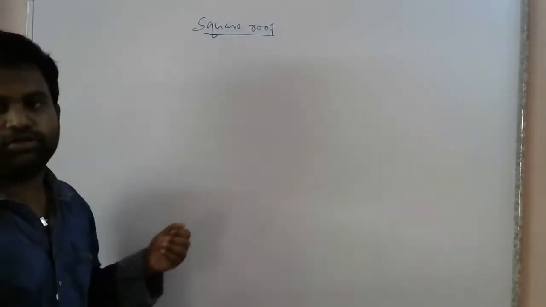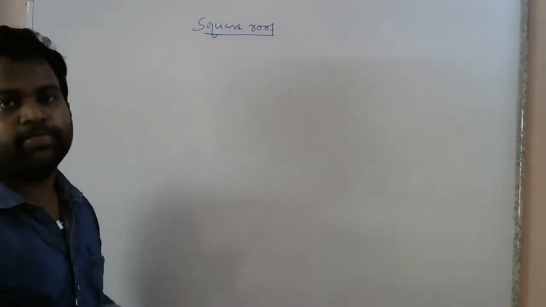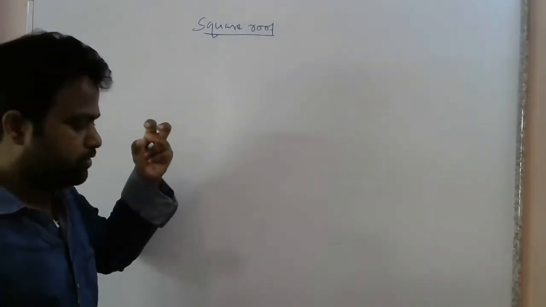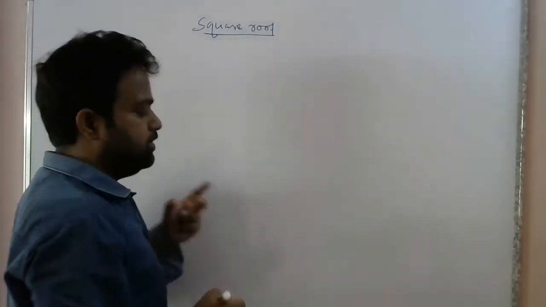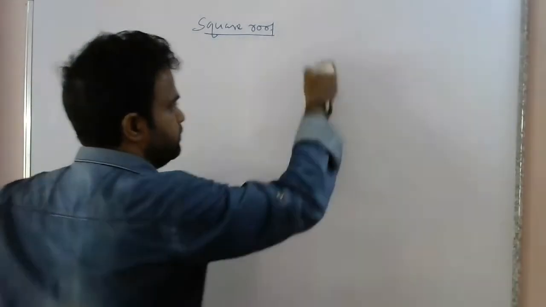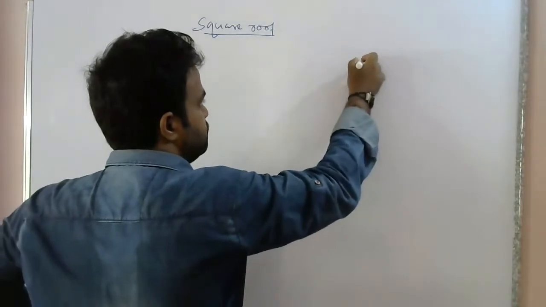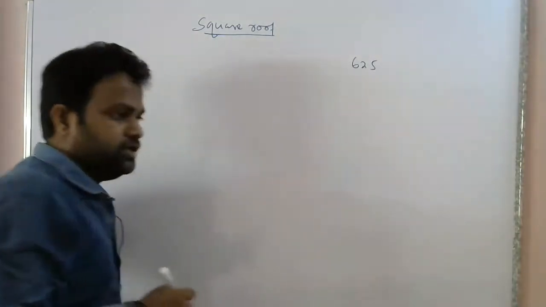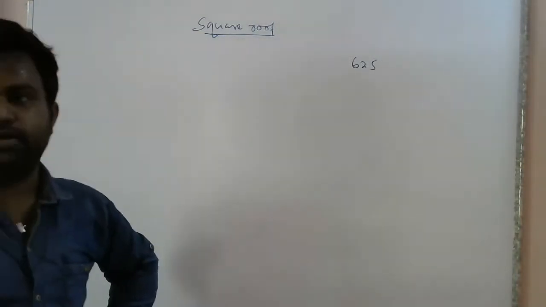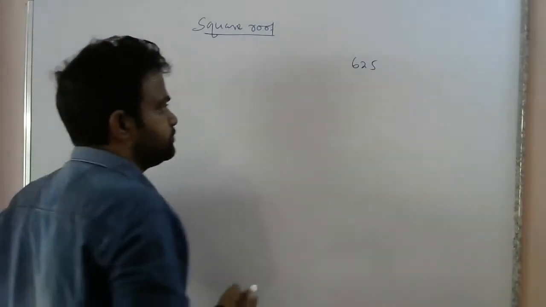So you know the process of how to calculate the square root of a number in the long division method. Let us first find out. Suppose you want to find the square root of the number 625.